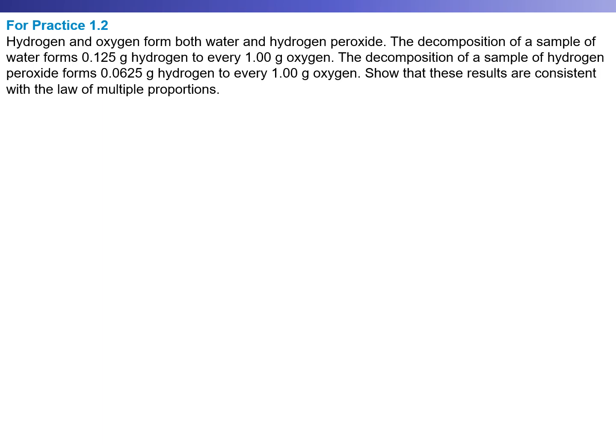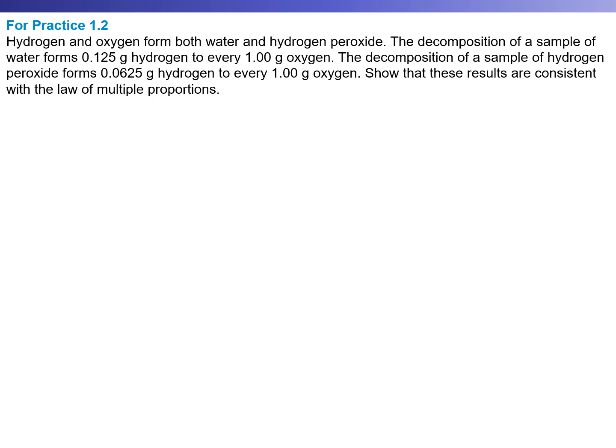If we look at what our problem says, we have decomposed a sample of water and we end up getting 0.125 grams of hydrogen for every 1 gram of oxygen. And if we decompose hydrogen peroxide, we're going to get 0.0625 grams of hydrogen for every 1 gram of oxygen.